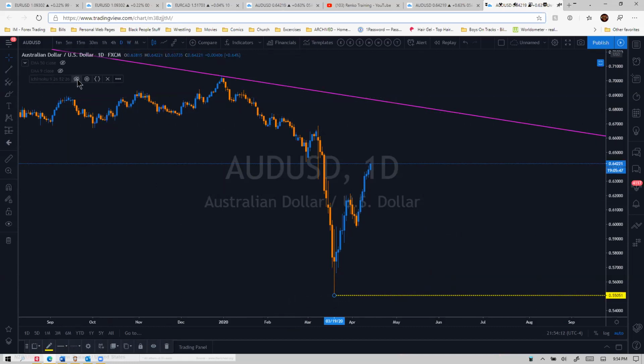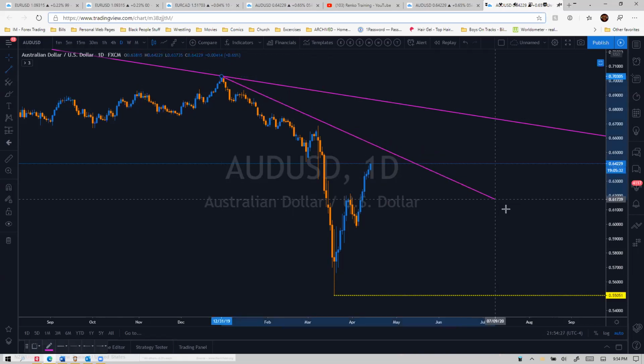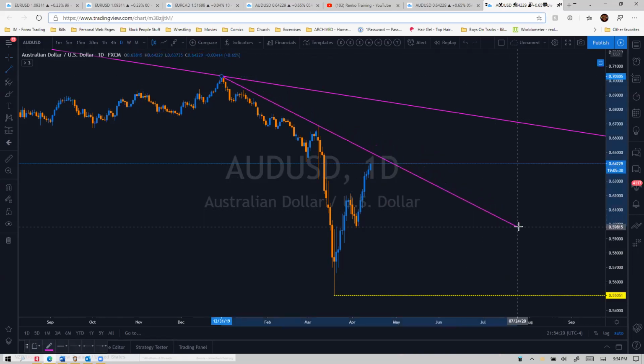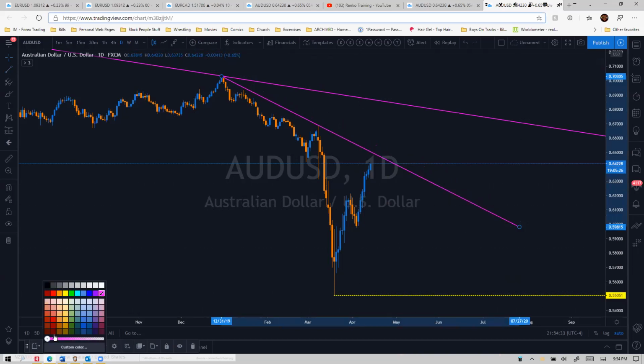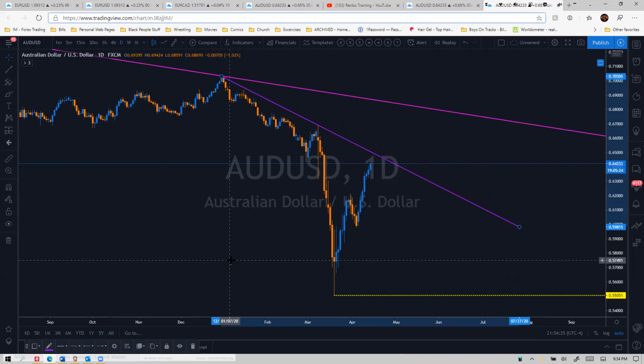What I'll do sometimes is I just bring on the Ichimoku and just confirm what I'm doing, and then I just take it off real quick. So looks like we can come on with a downtrend from there. And I'll change the color. So I know that is the daily.